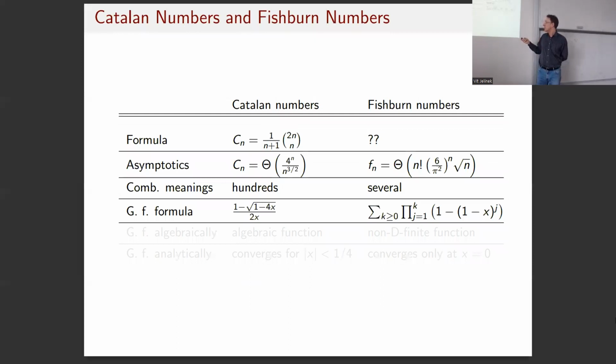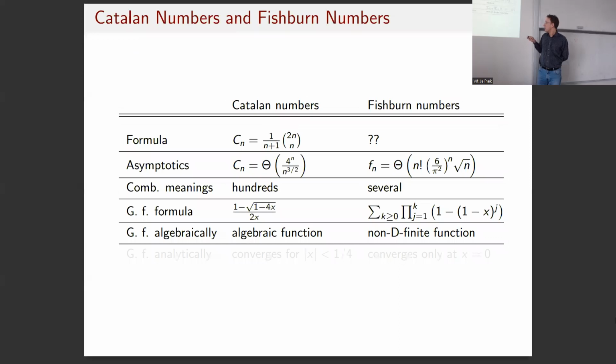For the Catalan numbers, it's more explicit than this summation of products, but okay. And algebraically speaking, the generating function of Catalan numbers is an algebraic function, meaning it satisfies an equation with polynomial coefficients. So these are quite a nice family of functions.